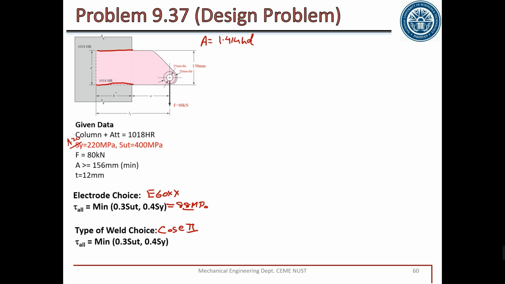This value is unknown. Just assuming that if this length is 150, this d is also 150. This is our first choice because data is not given, so we can assume some values. Substituting 150 into 1.414 h d, we get the area equal to 212.1 h mm squared.